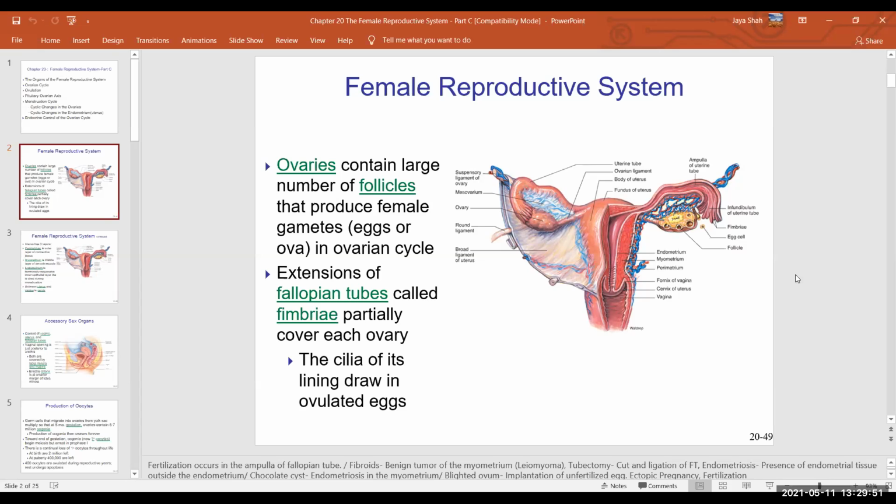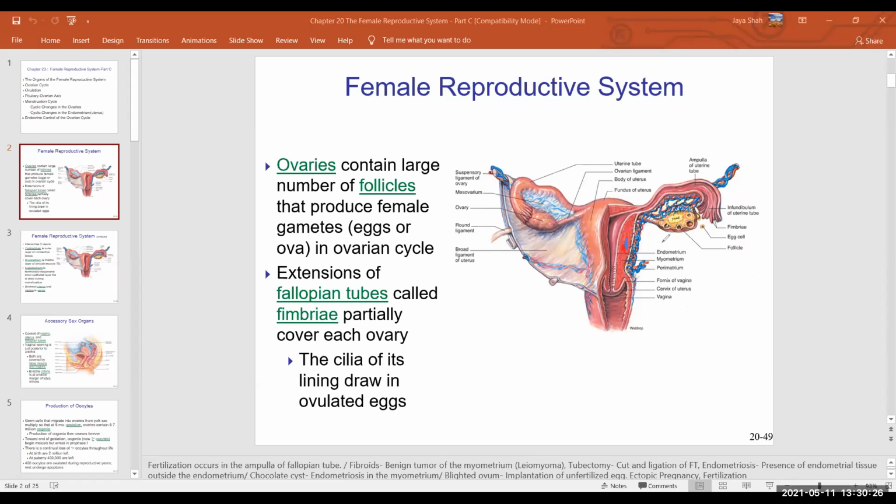That means if you have this kind of tissue anywhere in the body, let's say the endometrium is inside the myometrium, in the middle of the myometrium, a small microscopic tissue. What will happen? Every month when you bleed from here, you will bleed here too.